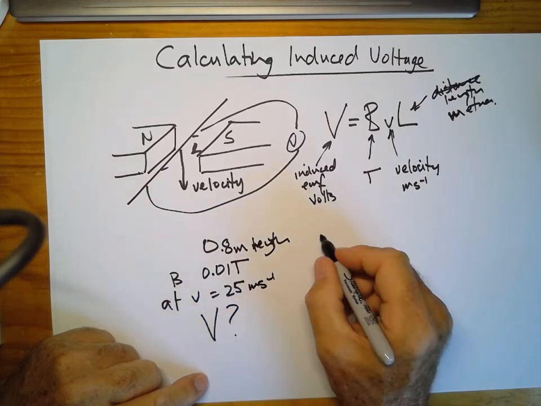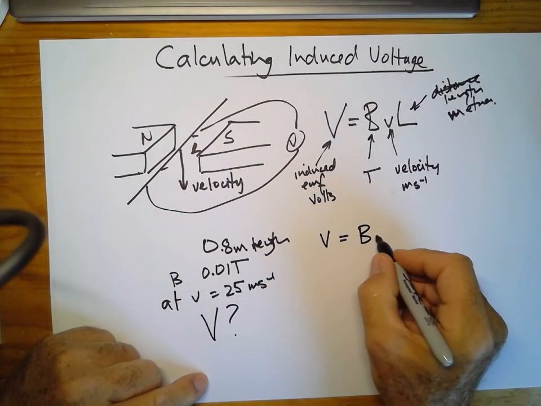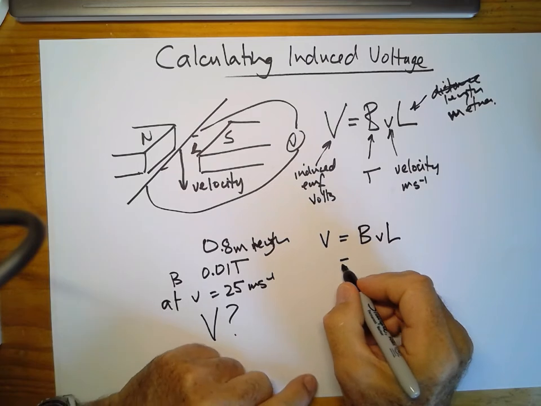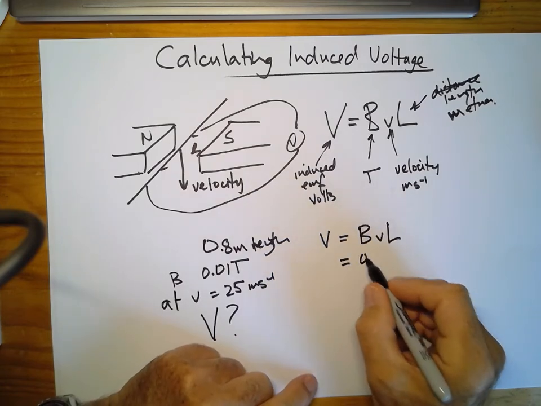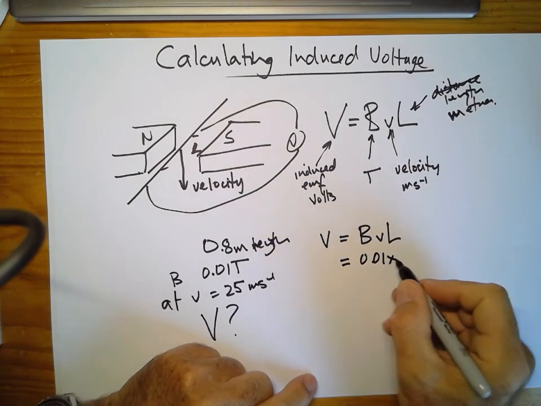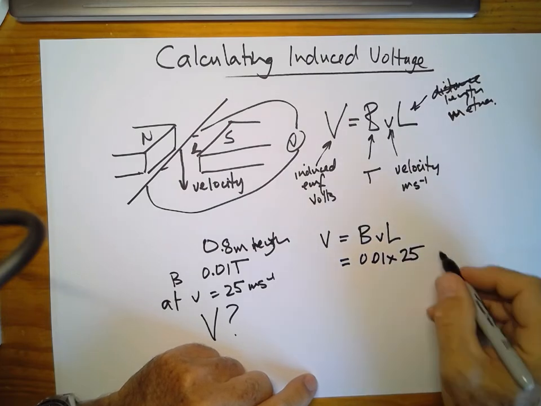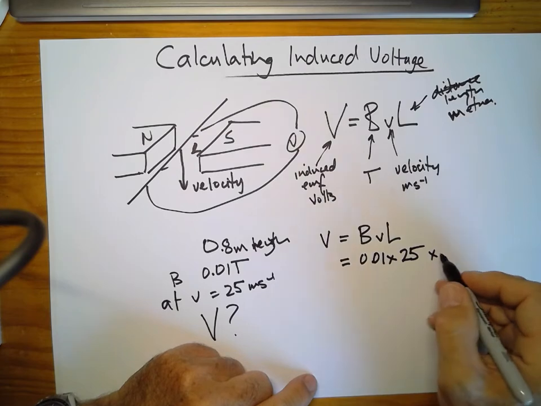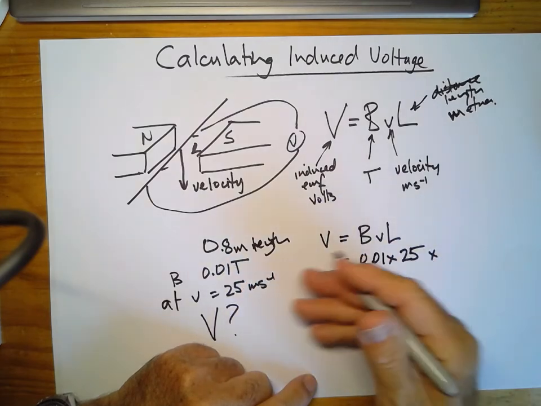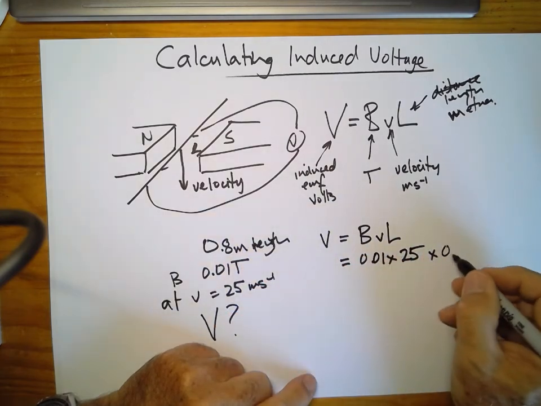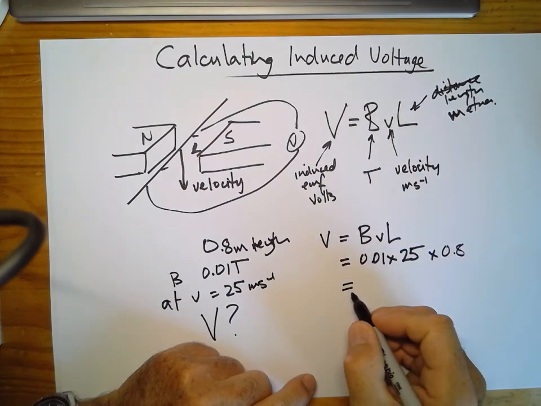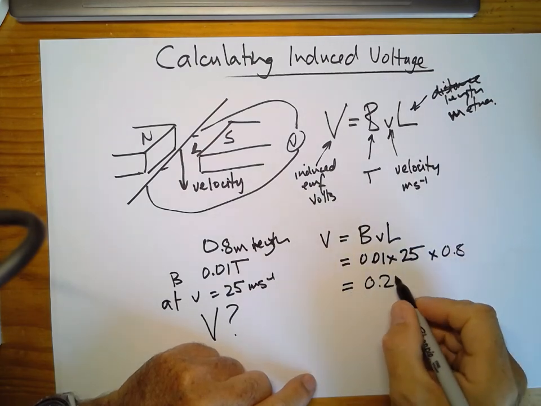The voltage is equal to BvL, which is 0.01 times 25 times length, remember 0.8 meters, 80 centimeters. The voltage is equal to 0.2 volt.